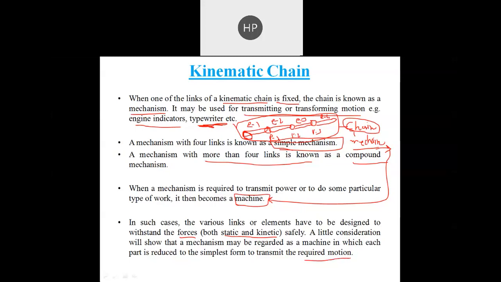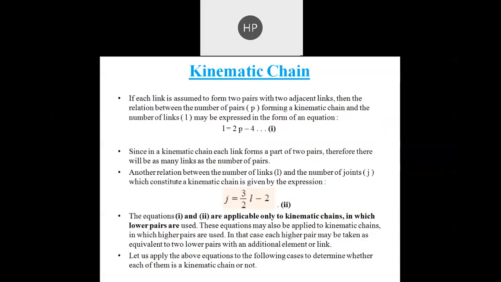So in a machine, each part of that mechanism is formed in such a way as to transmit the required motion. Now we will see some calculation regarding the kinematic chain.